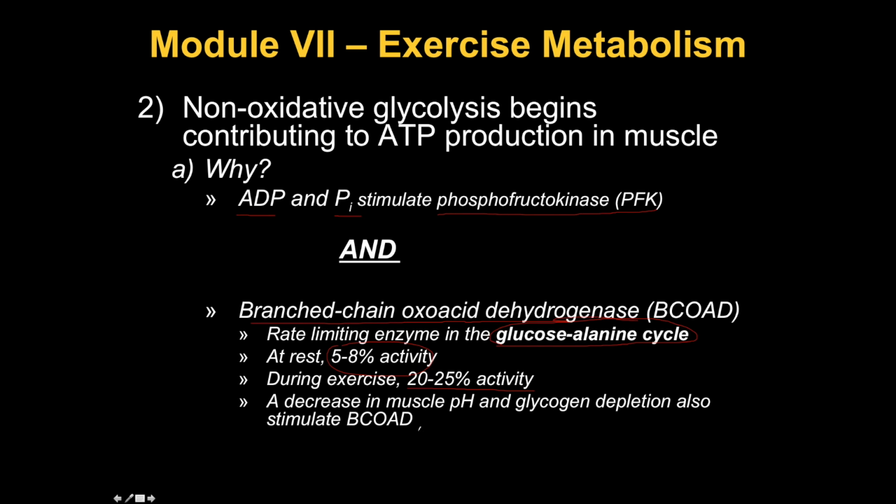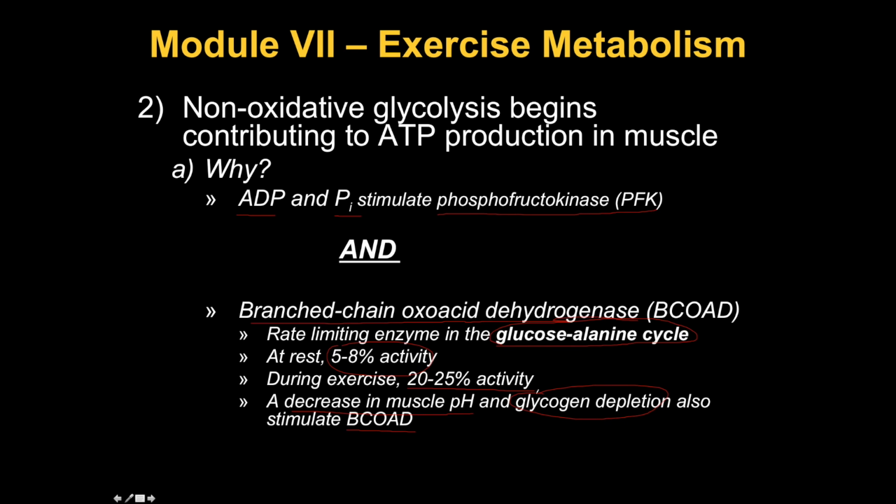Now, it's important to note that if you have a decrease in muscle pH, why would we have a decrease in muscle pH? Well, we have the production of lactic acid, which shifts the pH downward and more acidic. So that is going to contribute to a stimulation of branched-chain oxoacid dehydrogenase. Glycogen depletion also does the same.